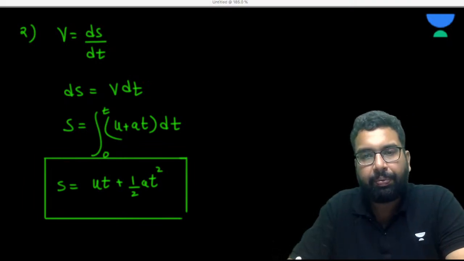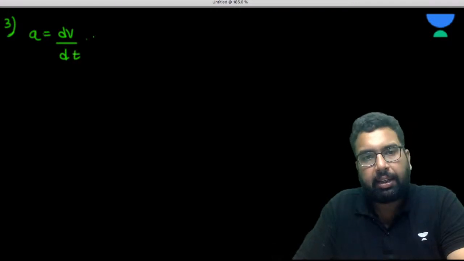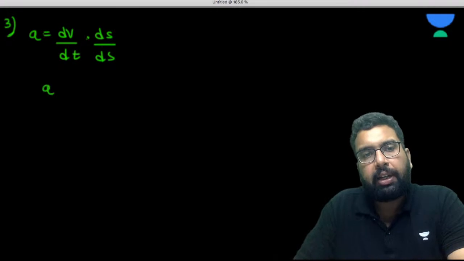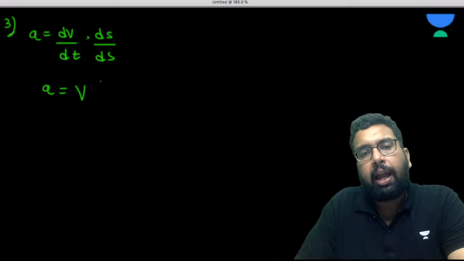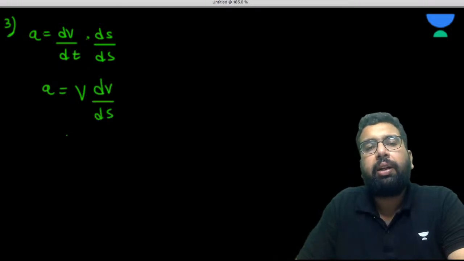Now we understand that acceleration is equal to dv by dt. Writing it the same way, a equals dv by ds times ds by dt. ds by dt together is v, so we get acceleration as v dv by ds.